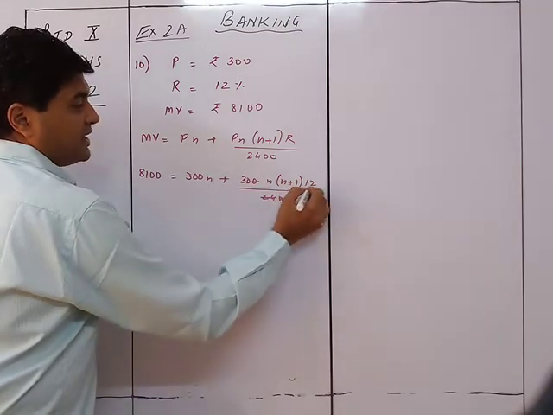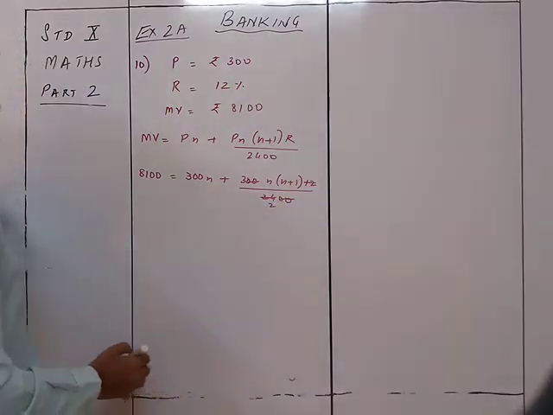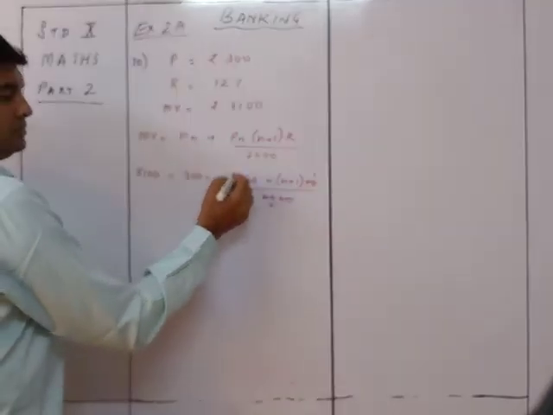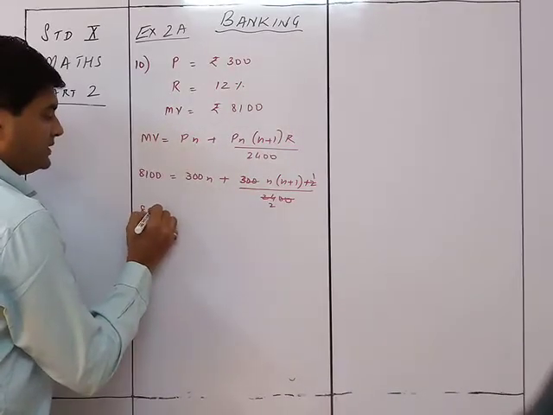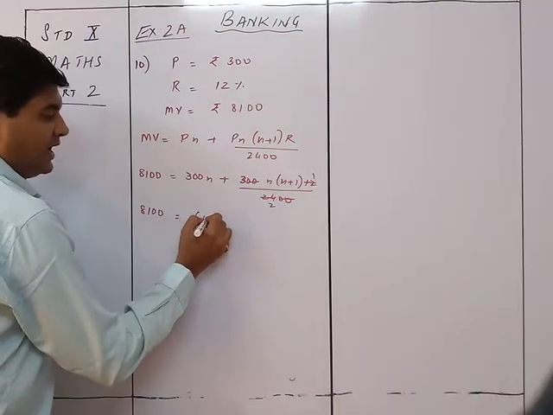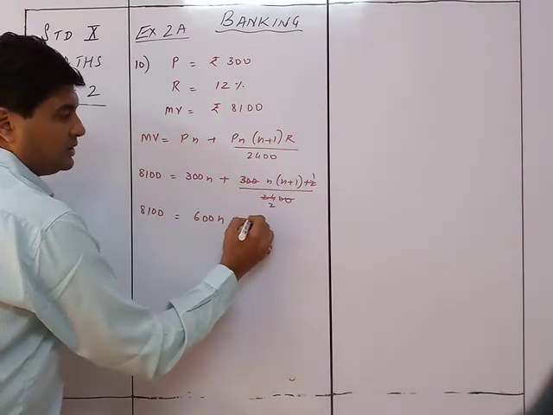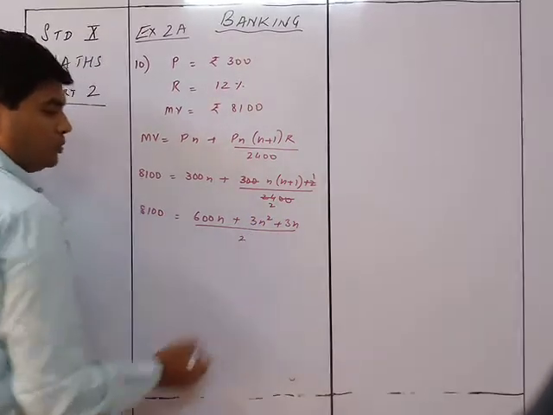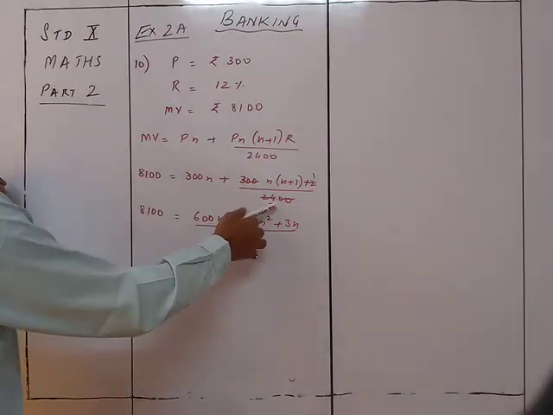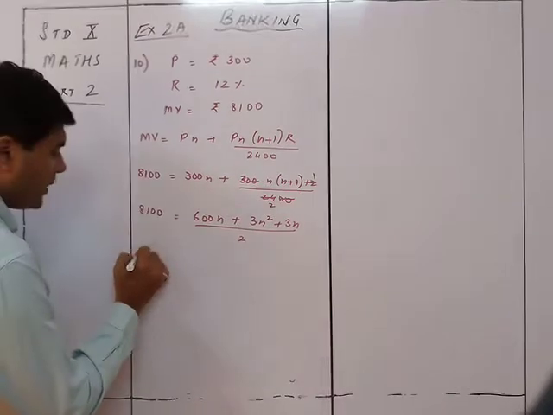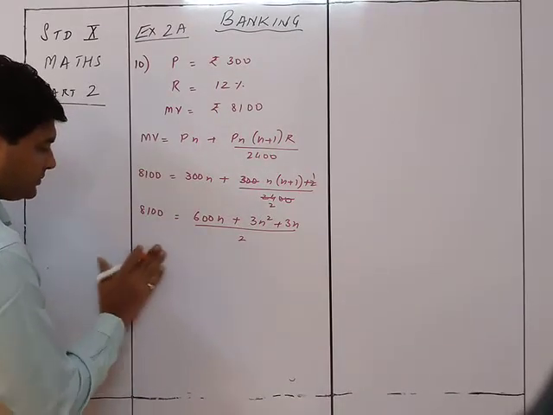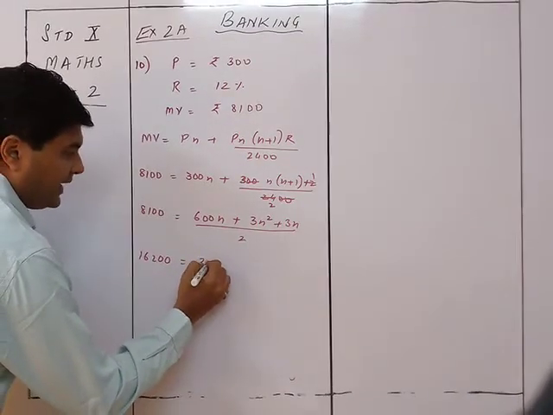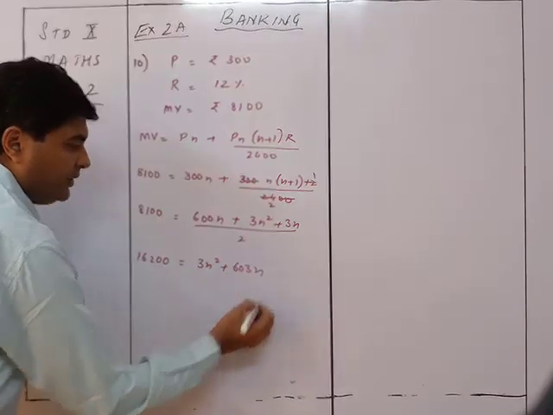This cancels to 2. So accordingly what we have over here is this is 3. So here it is 8100 is equals to 600n plus 3n square plus 3n, the whole upon 2. Right, taking the LCM, 2 goes here, so it will be 16200 is equals to 3n square plus 603n.